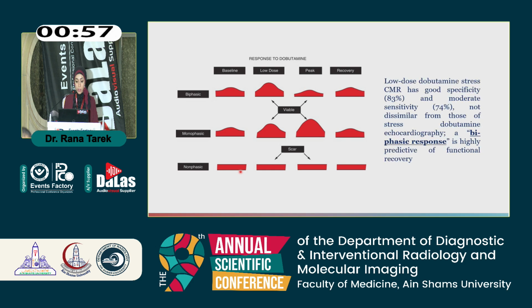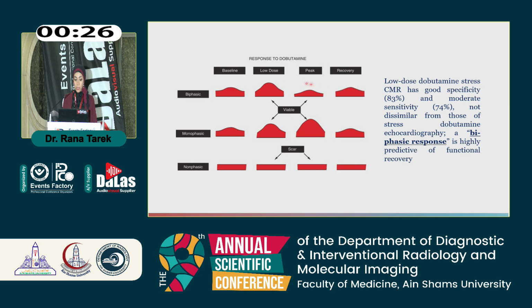This is a quick review of the response to the dobutamine, which has good specificity and sensitivity. This is the biphasic response, and this is usually for the hibernating myocardium. At baseline it's good. At low dose it can increase in its contractility, but on reaching the peak stress it becomes hypokinetic, and on recovery it comes back to normal.